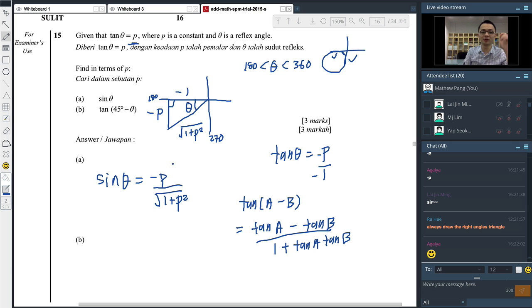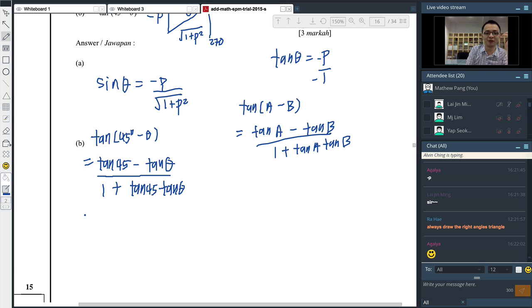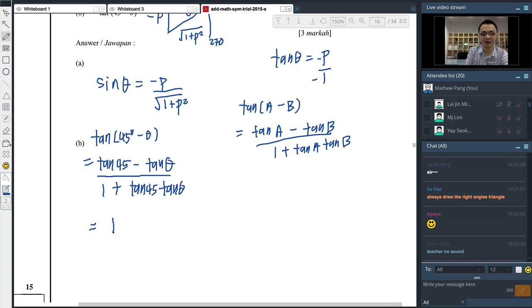You just need to do tangent 45 minus delta. Using the formula, it will be tangent 45 minus tangent delta, where B is delta, over 1 plus tangent 45 tangent delta. And you know tangent 45 equals 1, and tangent delta equals P. This is 1 minus P over 1 plus P.